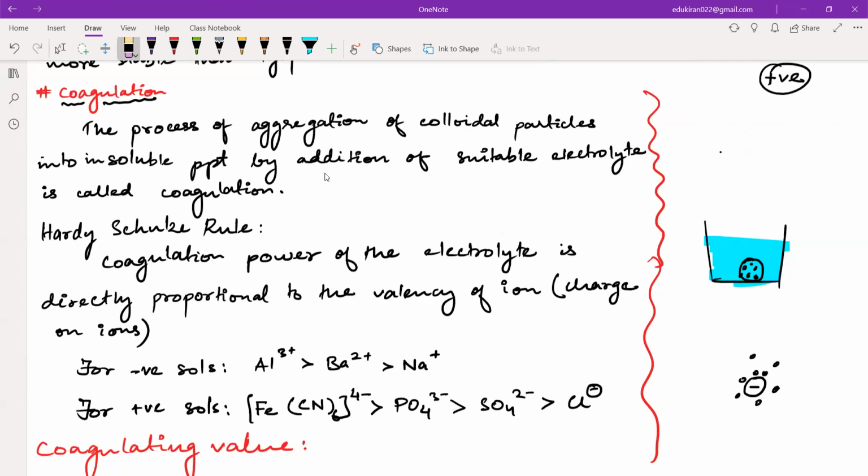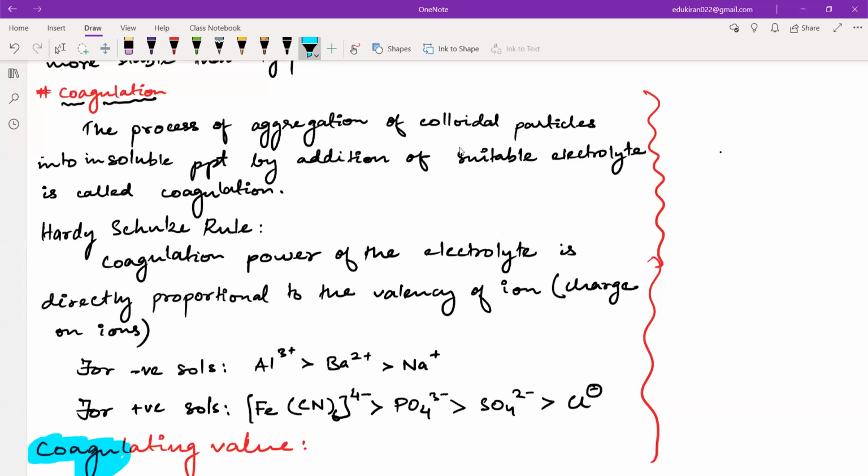Now you understand this? Yes, sir. Now this term, coagulating value, all of you will find in the NCERT and write the definition. Just raise your hand if you're done.